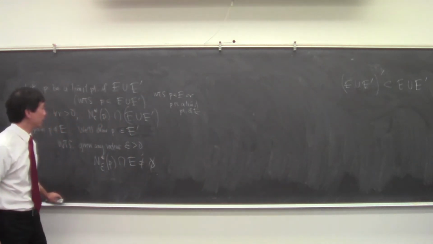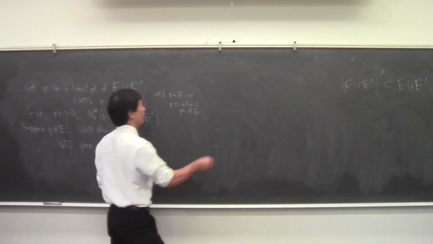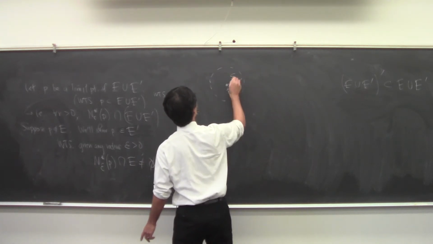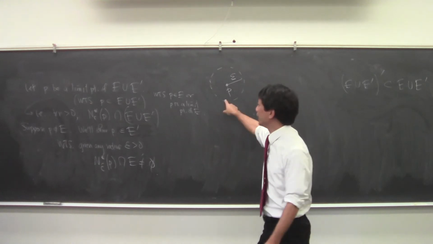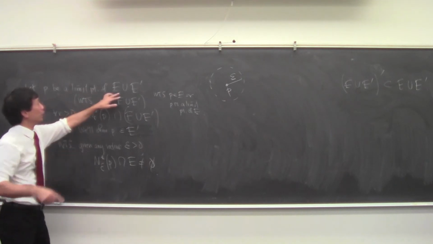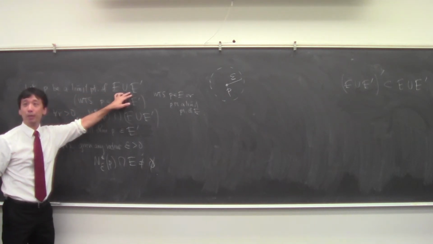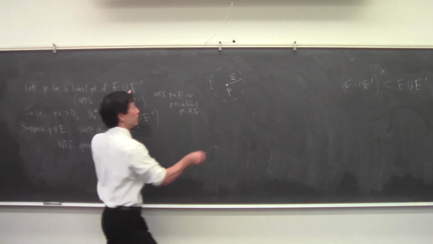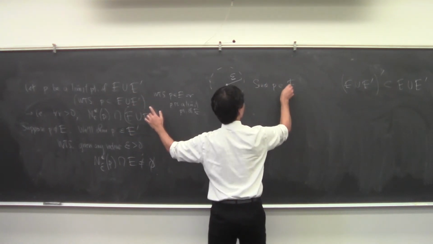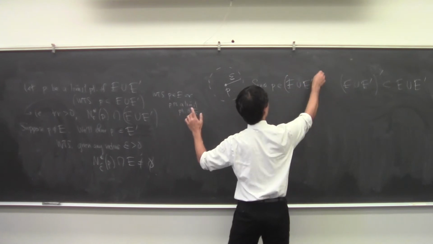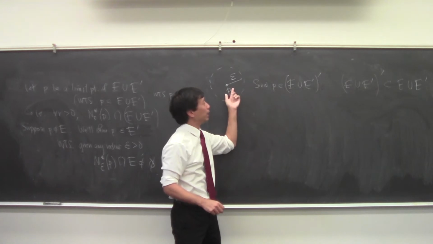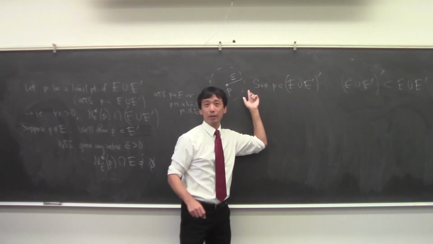So you've got this P and you've got this radius epsilon, and you say, okay, well, P is a limit point of E union E prime, right? So since P is a limit point of E union E prime, we know that either there's somebody from E in there, or there's somebody from E prime in there.